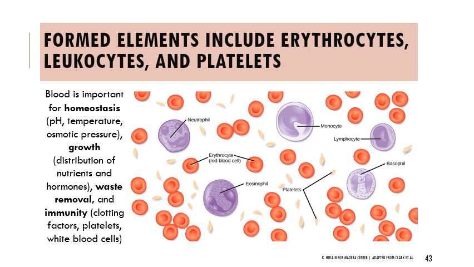It's important for waste removal. It's filtered through our kidneys. And it's also important for immunity. Specifically, white blood cells, or leukocytes, are important for getting rid of pathogens and identifying pathogens. And then clotting factors and platelets are important for sealing openings and healing our body so that we don't get further infections.